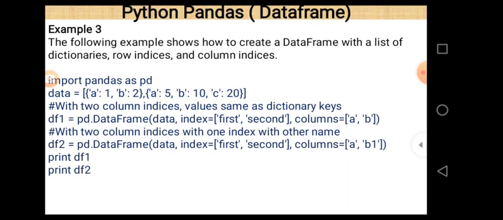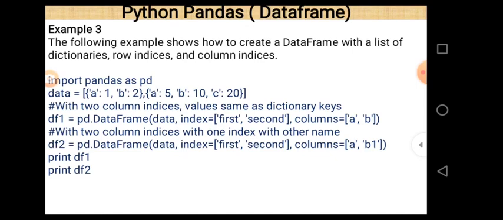These are the data values, the same as the previous one, with two column indices and the same dictionary keys. df1 is the name of the data frame, and the value assigned to df1 is pd.DataFrame(data, index=first and second, columns=a, b).